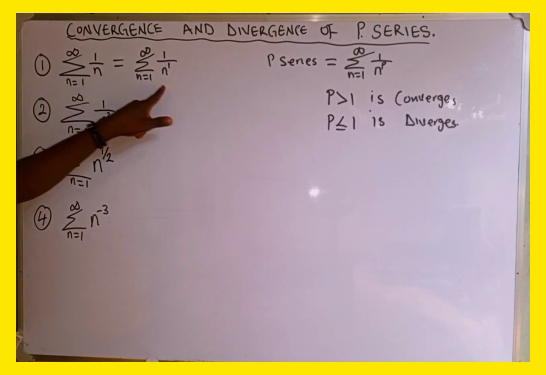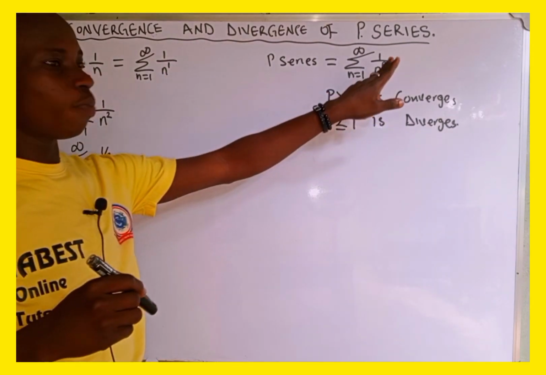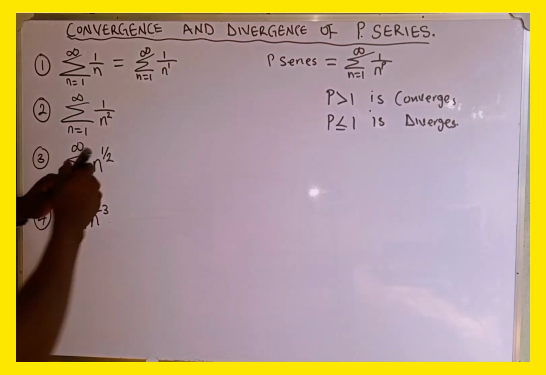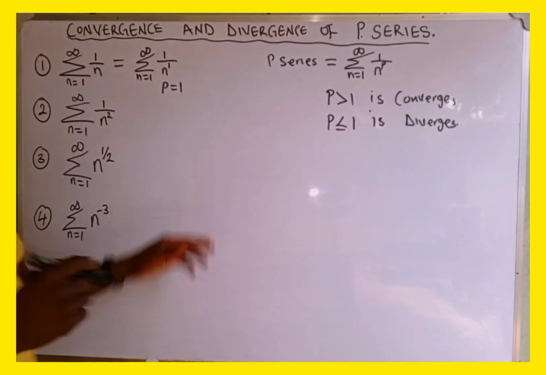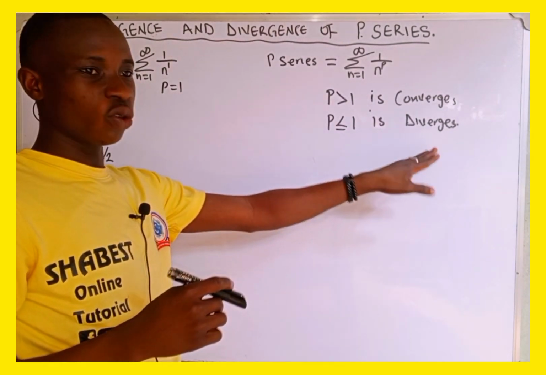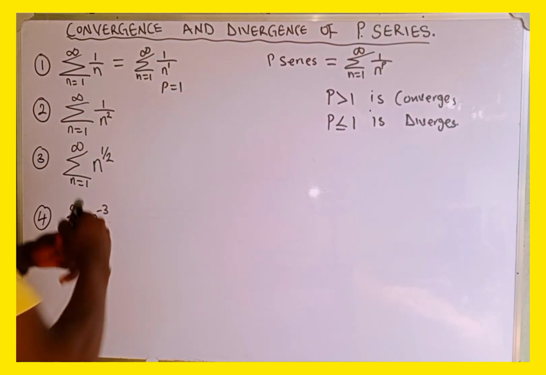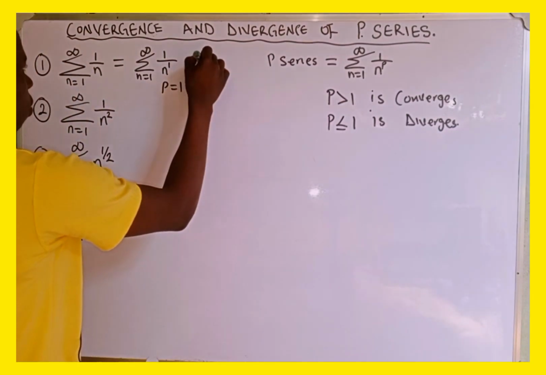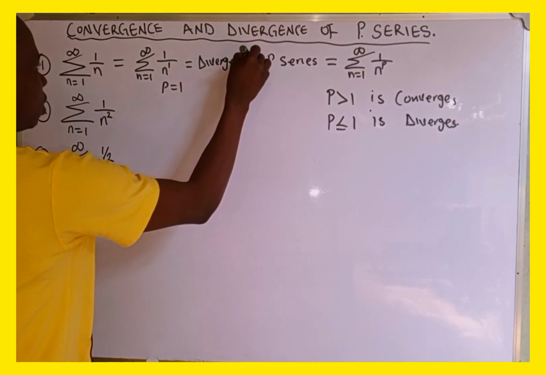This is the harmonic series. Here n is raised to power p, therefore the value of p is equal to 1. Looking at the two conditions, p less than or equal to 1 is a divergent series. Since p is equal to 1 in this series, we can conclude that series number 1 is a divergent series. It diverges.